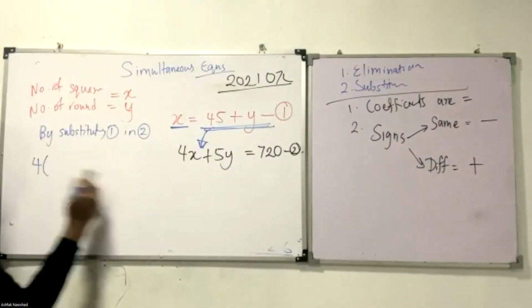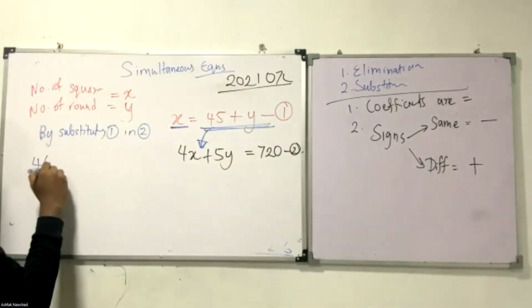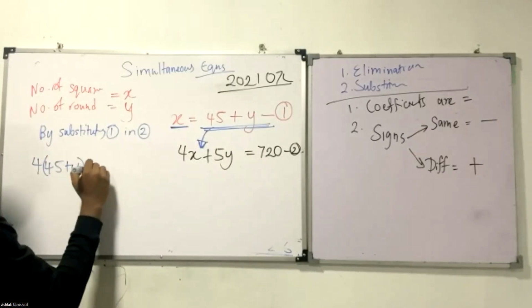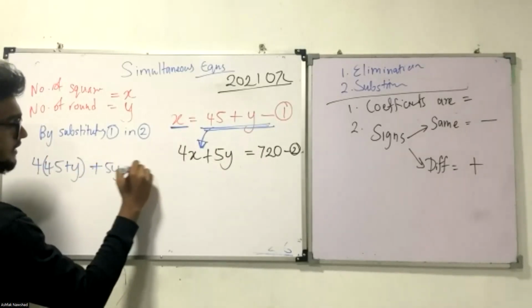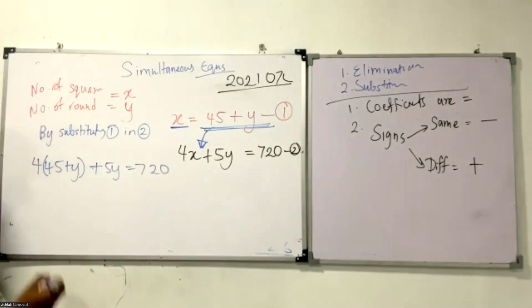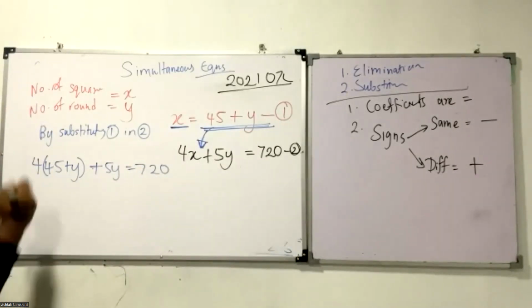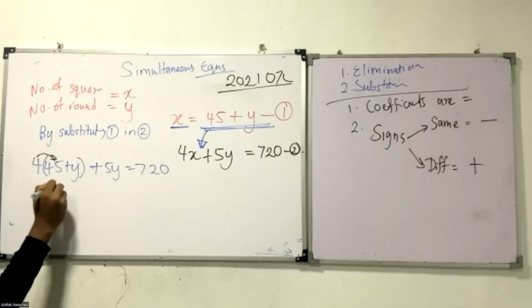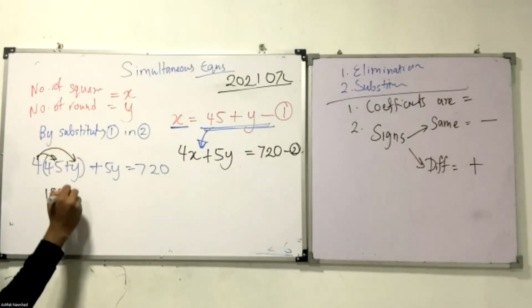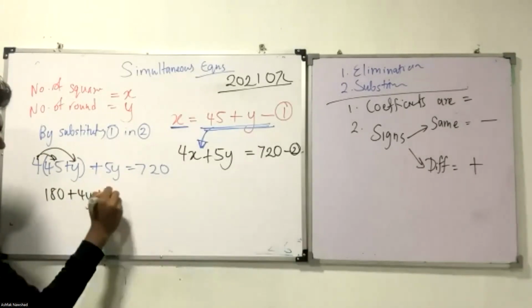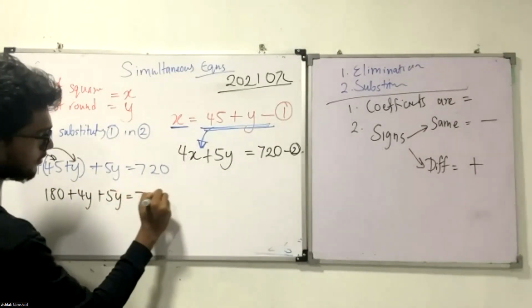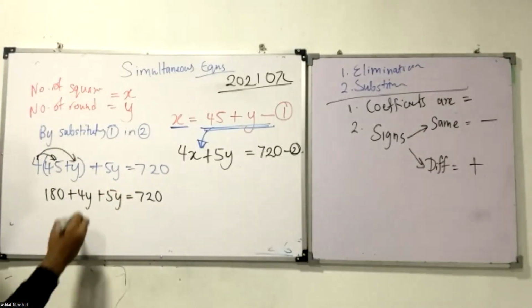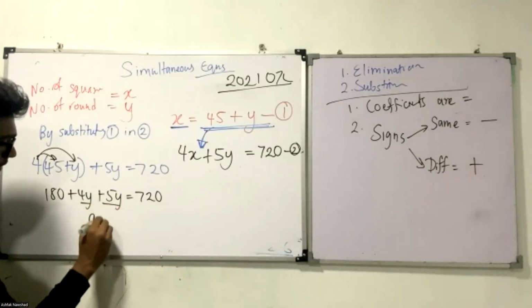So that's 4 times (45 plus y) plus 5y is 720. Let's simplify. 4 times 45 is 180, and 4 times y is 4y, plus 5y equals 720. See, 4y plus 5y is 9y.